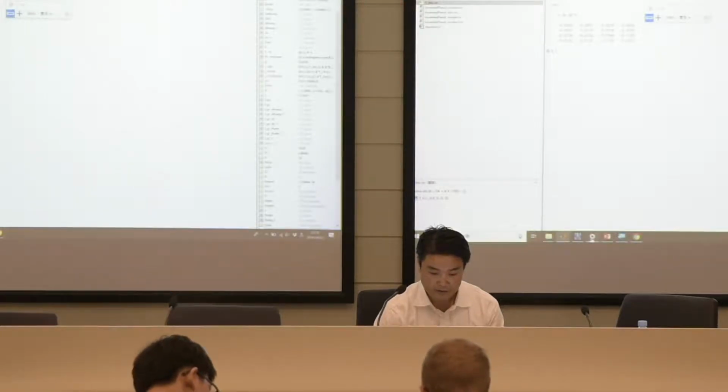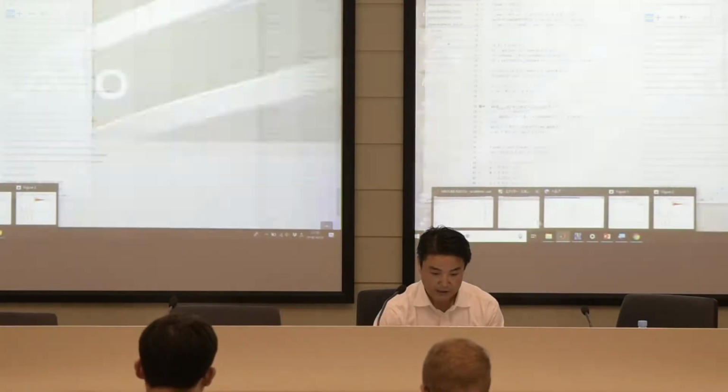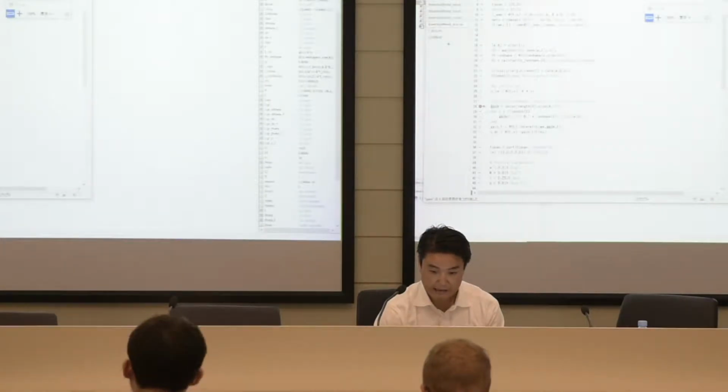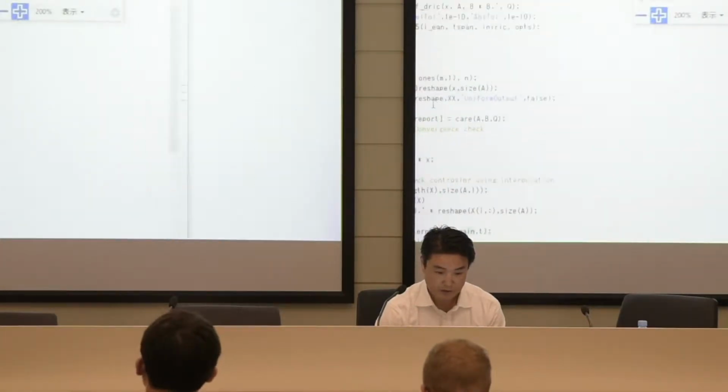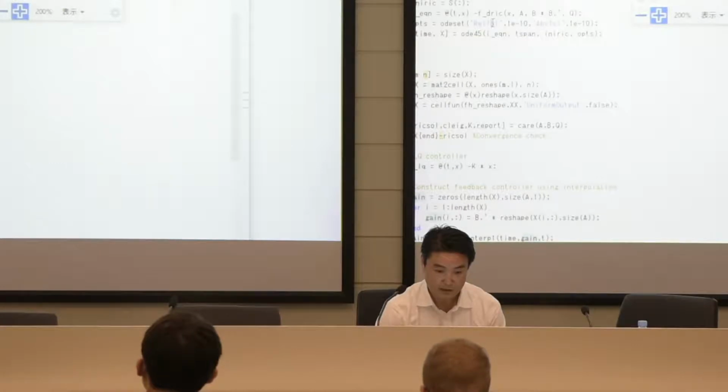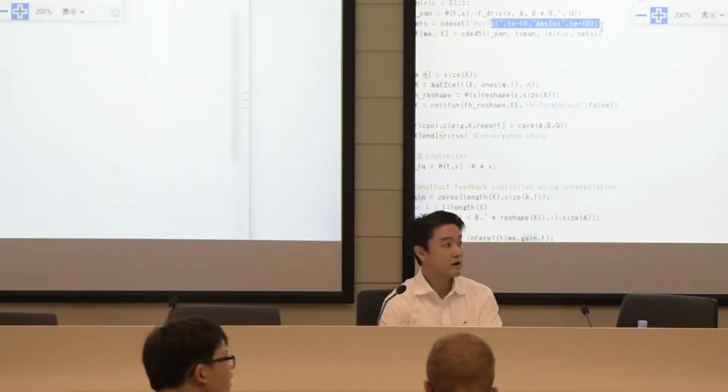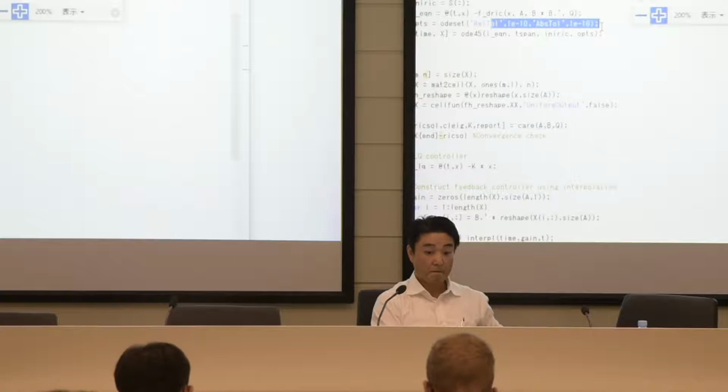Actually, to get this result, I had to set the option up like this. So the solver of the differential Riccati equation, did you choose it yourself or was it automatic?